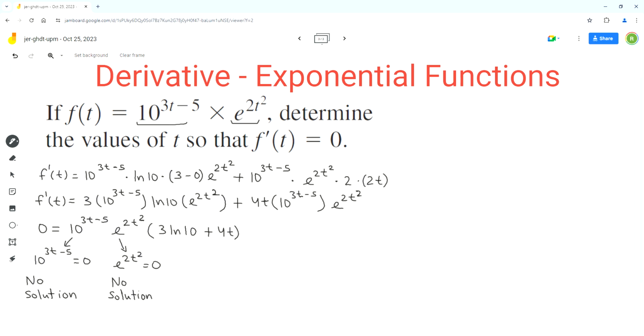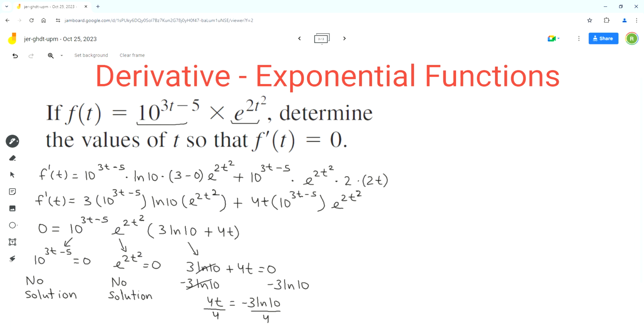So now we can analyze the third case. We can isolate t in this equation by subtracting 3 ln 10 from both sides. So 3 ln 10 on the left side gets cancelled out and we get, now we can isolate t by dividing both sides by 4.